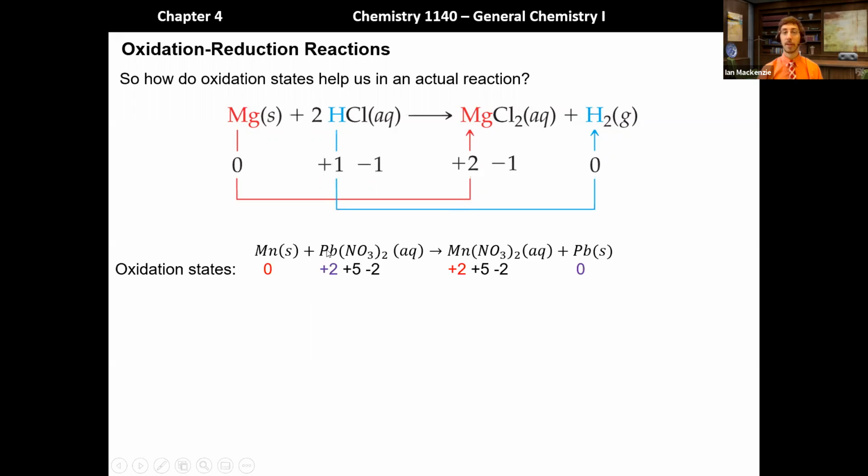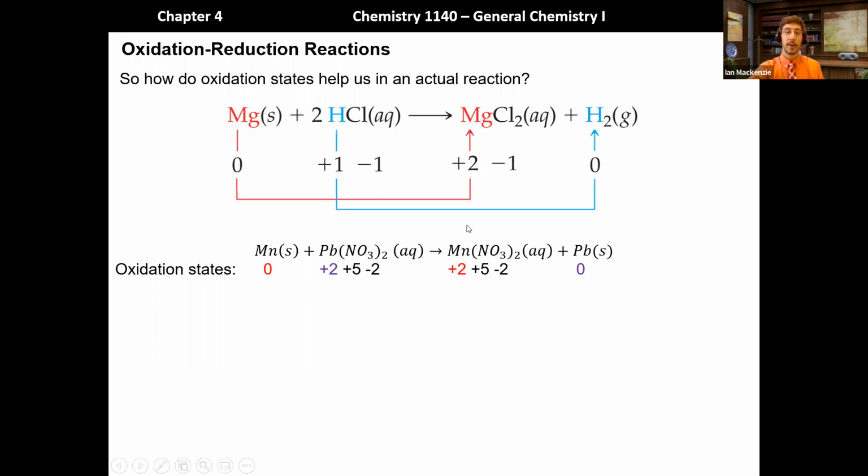So for monatomic ions, the charge is equal to the oxidation state, so lead is +2. Now within the nitrate anion, the nitrate anion is overall -1. Oxygen is always -2, so that would give me a -6, but I know that the overall anion is just -1, so nitrogen must be +5.